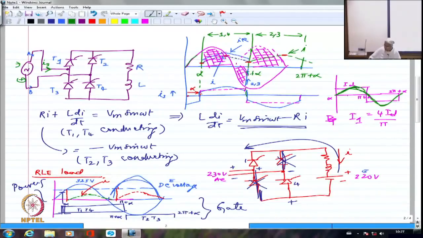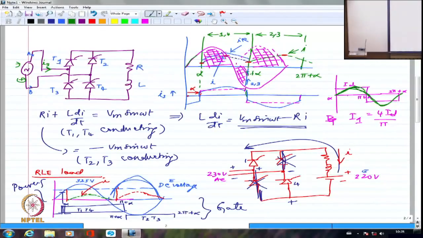Please note, the current that was flowing in the supply, which is far from being sinusoidal, was shifted from the original voltage by alpha. If I am firing the thyristor converter at a firing angle of alpha. So this is the phase shift between the current and the voltage.